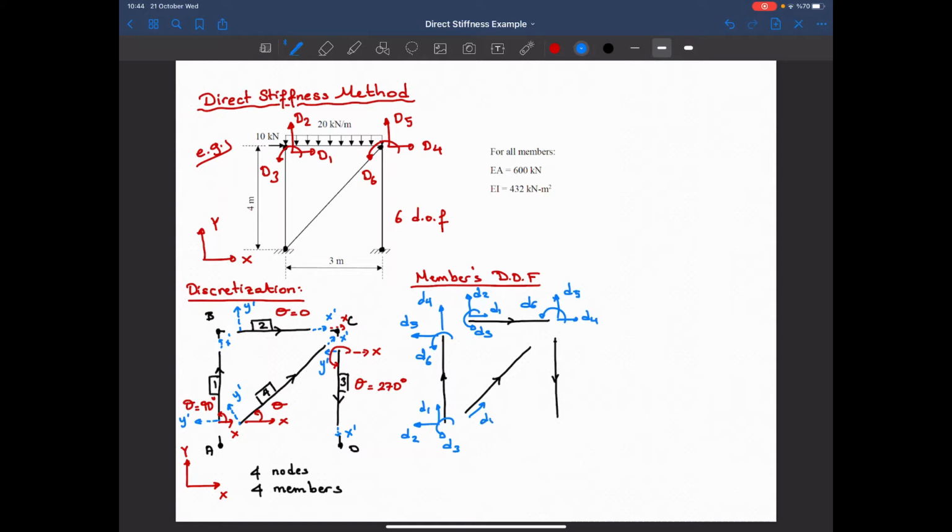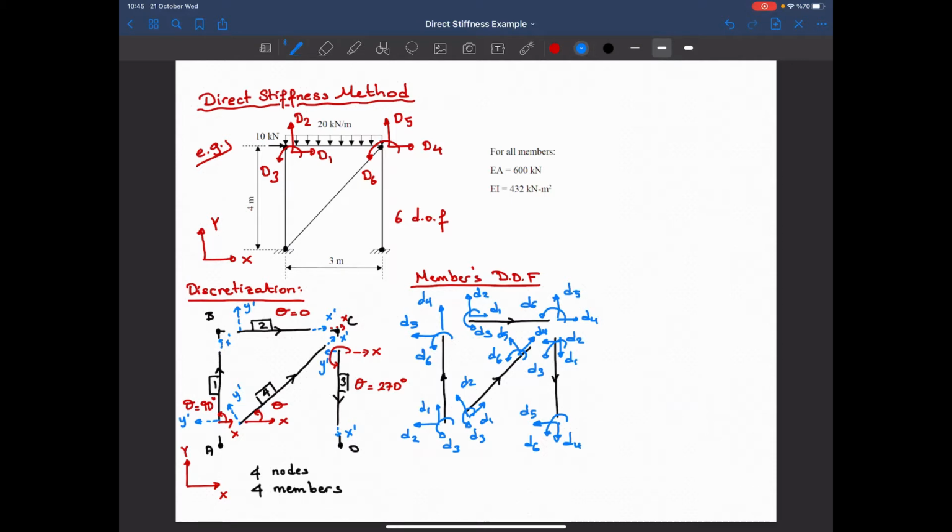Let's show it for every member: D1, D2, D3, D4, D5, D6. D2 will be in the local Y in the third, D4, D5, D6. So here I show all the local degrees of freedom.